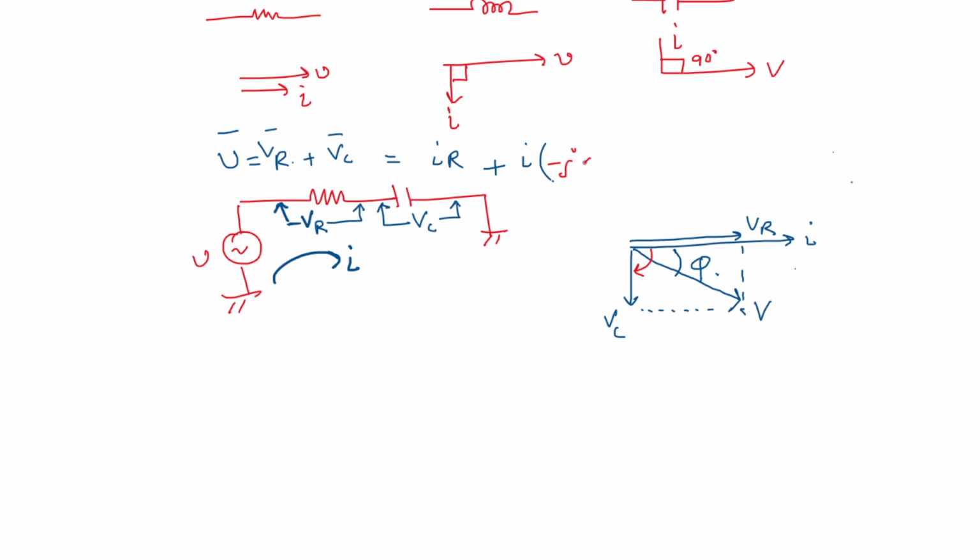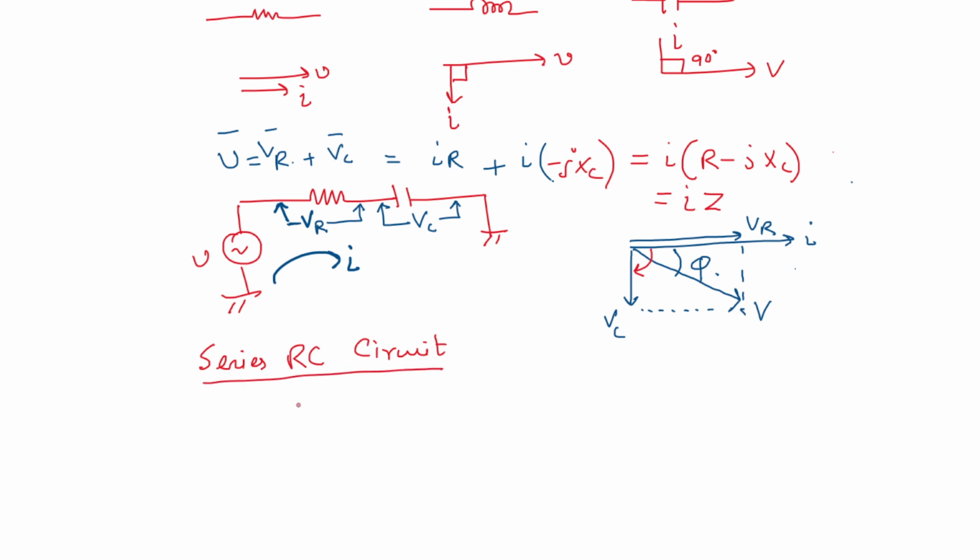So if you take I common, then it should be R minus j XC, which is equal to I into Z. So in case of a series RC circuit, we have impedance Z equal to R minus j XC.